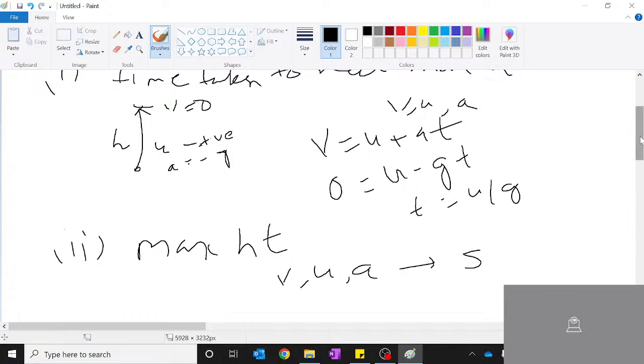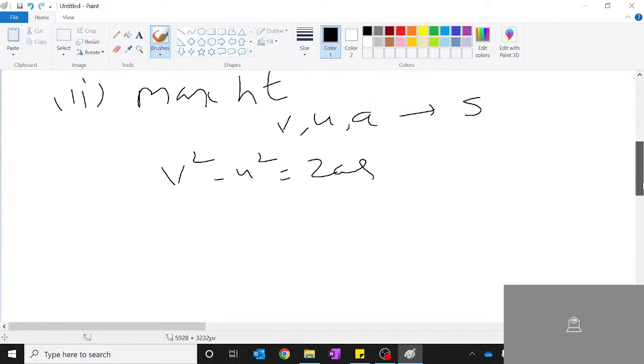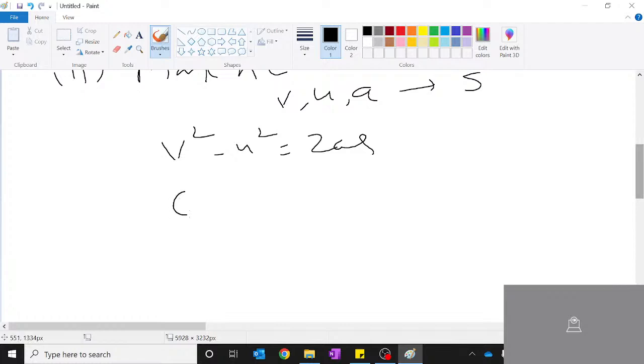Of the equations involving these four parameters, you only have one, that is v squared minus u squared = 2as. In this, a is minus g, because whatever goes down is always negative. So v is 0, minus u squared, equals 2 into minus g into s.